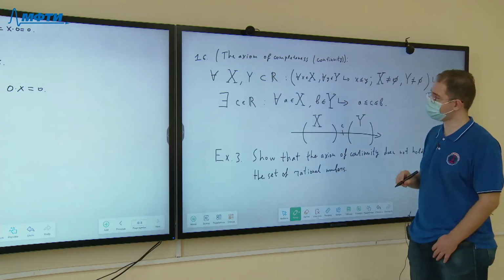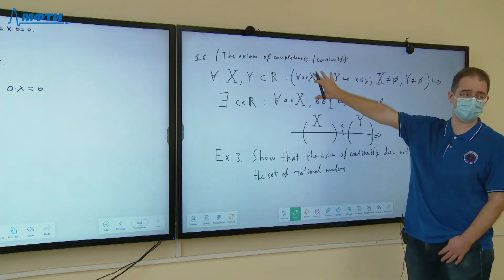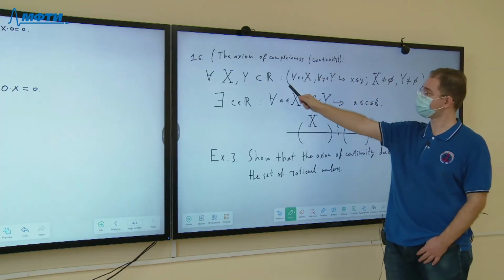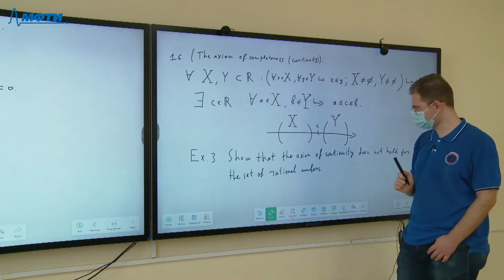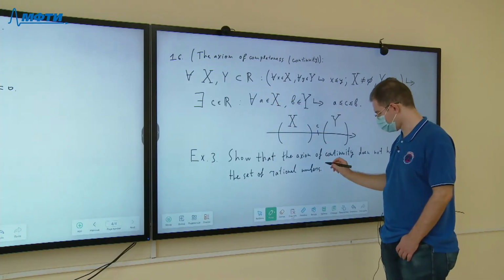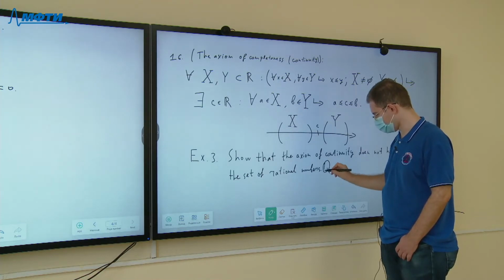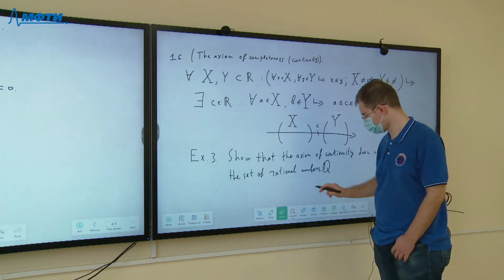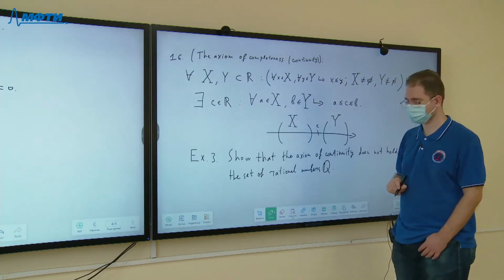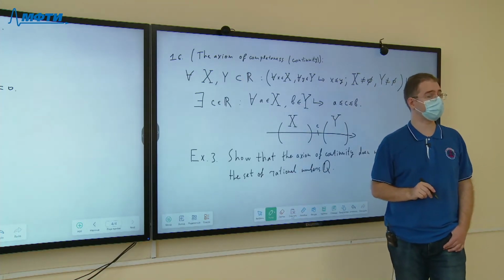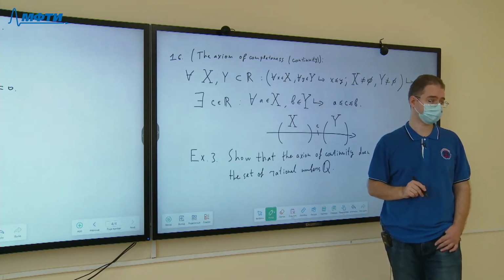So basically, if everywhere, instead of the set of real numbers, we put the set of rational numbers, then this statement will not hold.